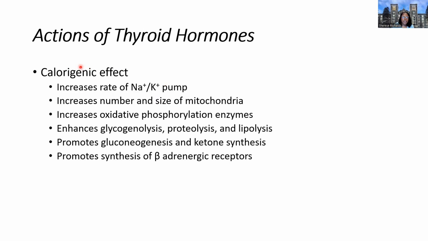Let's talk about some of the calorigenic effects of thyroid hormone. When I say calorigenic, these are all going to result in a speed up of your metabolic rate, right? Speeding up of your metabolism, or speeding up of the amount of calories that you burn, which is that calorigenic effect. So let's go over these. Increasing the rate of the sodium-potassium pump, and by doing that, you do a couple things.